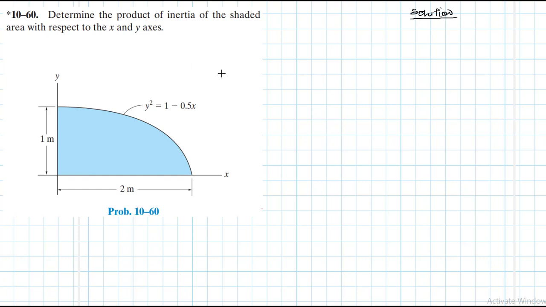Mathematically, product of inertia of an area with respect to the x and y axis is defined as I sub xy equal to integral of xy dA.